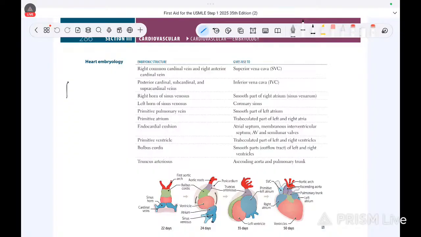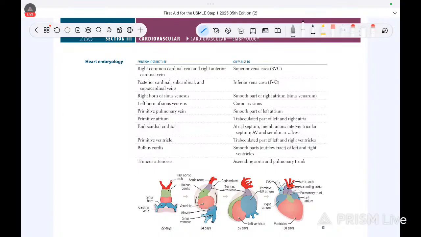Suppose this is the anterior cardinal vein and this is the posterior cardinal vein. There are a lot of changes, but let me show it again.